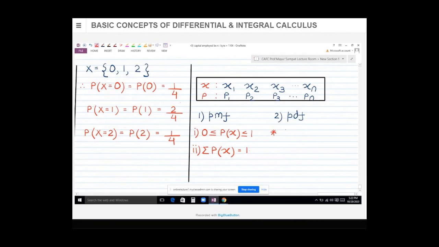And the second one, we studied that the integral from minus infinity to plus infinity of f of x dx is always equal to 1.